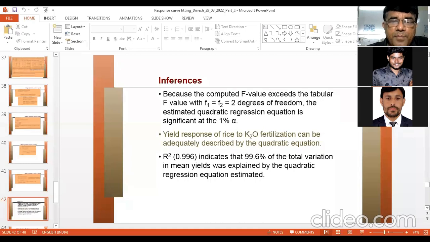And R square is 0.996. That means 99.6%, which is very high, of the total variation in mean yield was explained by the quadratic regression equation estimated. Means out of 100 total sum of square, 99.6% is attributed to regression.